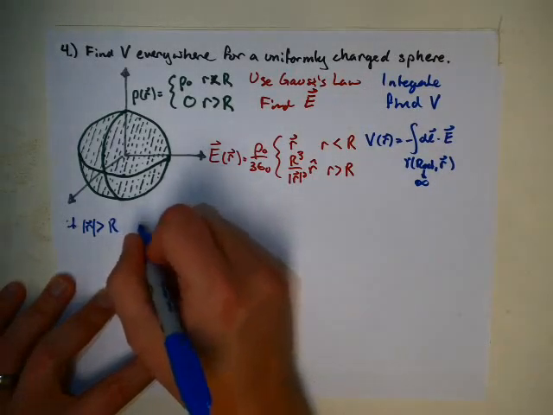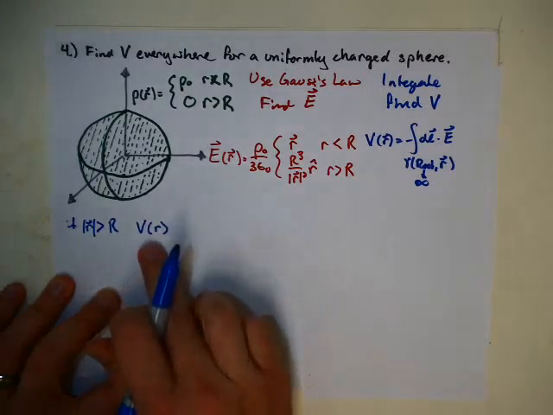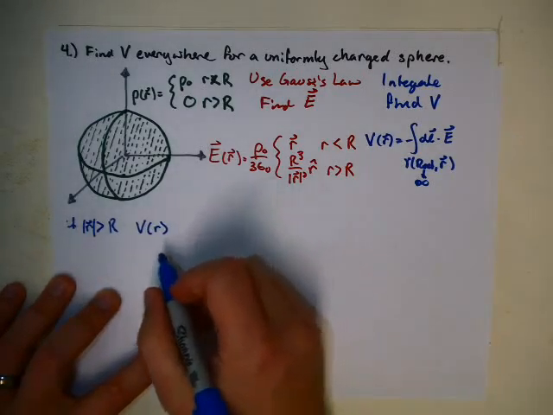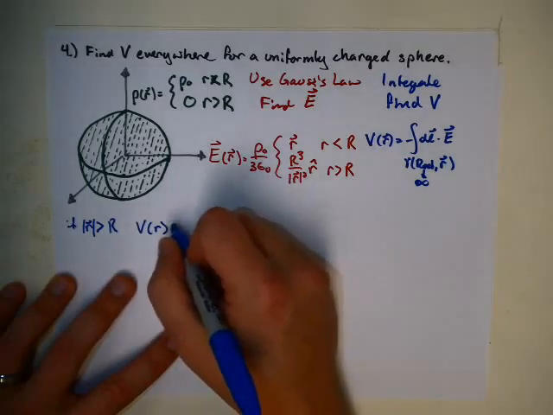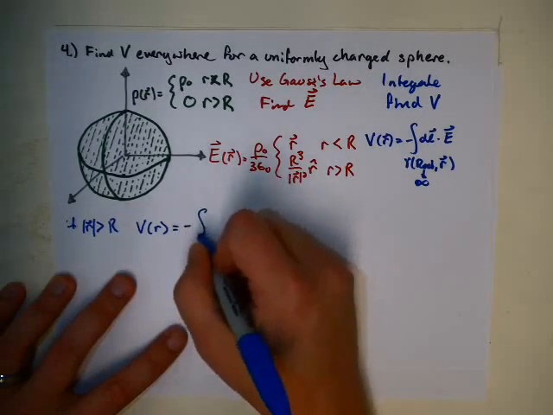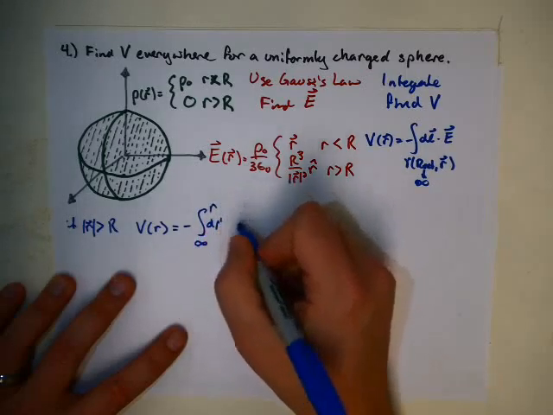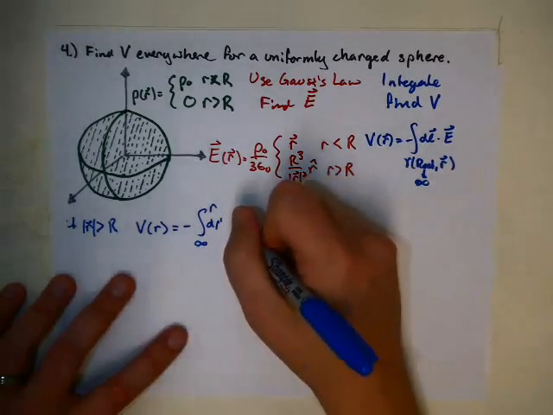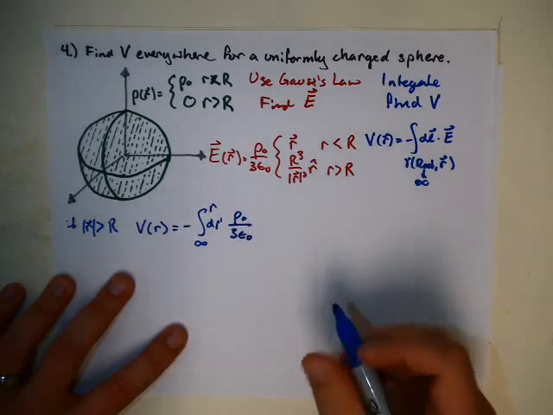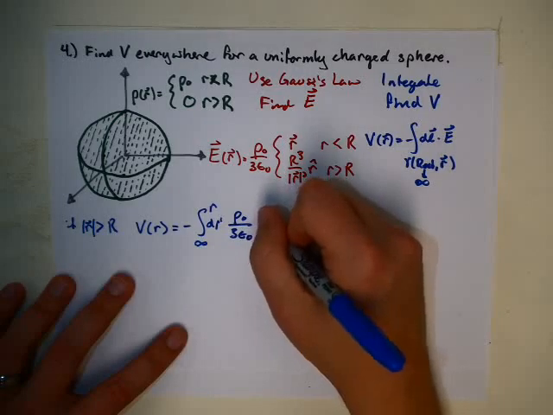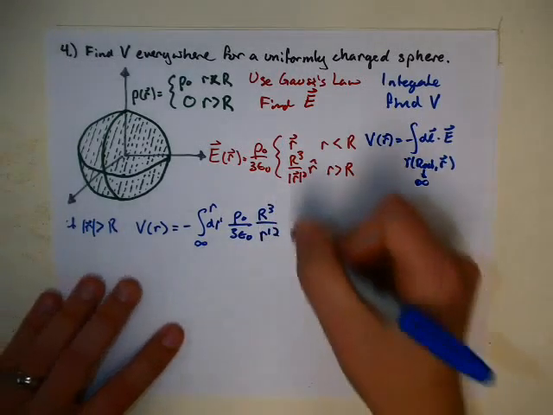And so we're going to get that the potential V, now as a function of r, the radial distance, not a vector, is equal to minus the integral from infinity to little r, dr prime, of E sub r. E sub r for us, we only have the one region, so this is rho naught over 3 epsilon naught, R cubed over r prime squared.